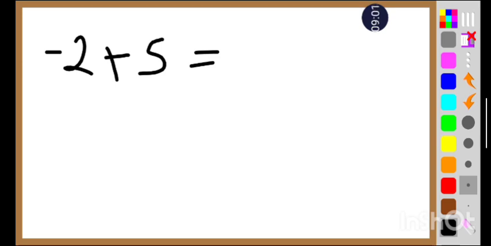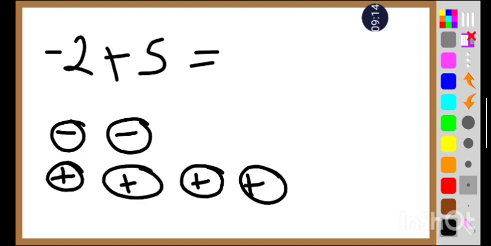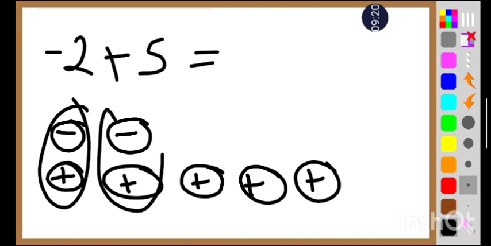If you are using concrete objects, it means you have 2 negatives, plus 5 positives: 1, 2, 3, 4, 5. Each negative with a positive boils to 0. So how many positives are you left with? 1, 2, 3. So negative 2 plus 5 gives us positive 3.